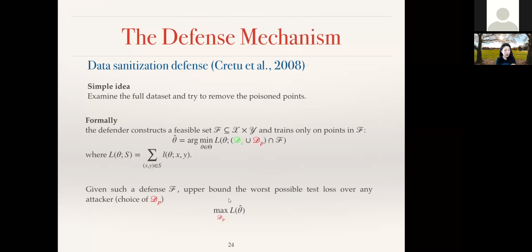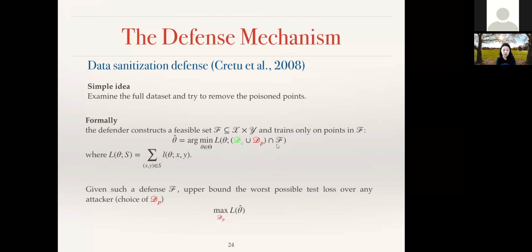So your upper bound is the worst possible test loss over any attacker, any choice of the DP. Also notice that this is a test loss. That's why it's a maximization over DP of L of theta hat. Theta hat is the argument of this quantity, which includes DC and DP, but for all of them falling within the feasible set.